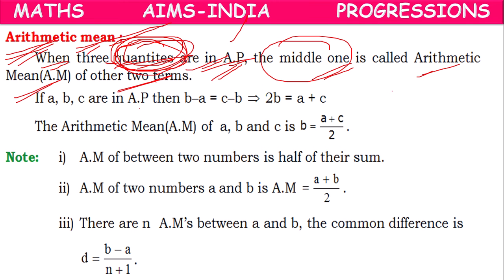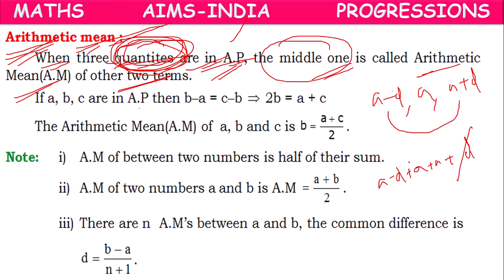Suppose they have given there are three terms. We can take the terms as a minus d, a, a plus d. Sum of three terms: a minus d plus a plus a plus d, d and d cancel, a plus a plus a, 3a.